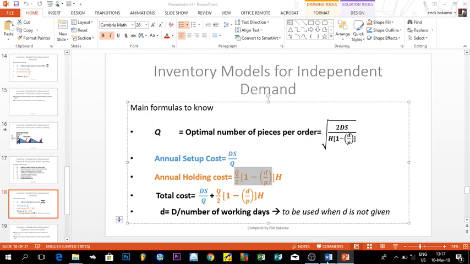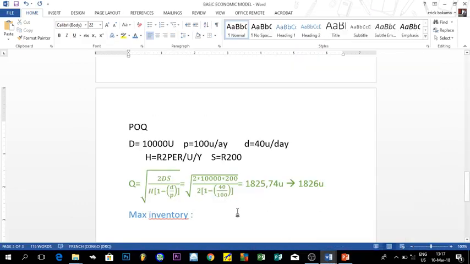Having said that, it means that the maximum inventory is Q multiplied by 1 minus, I open my bracket, small d divided by P. So this is how we found the maximum inventory.